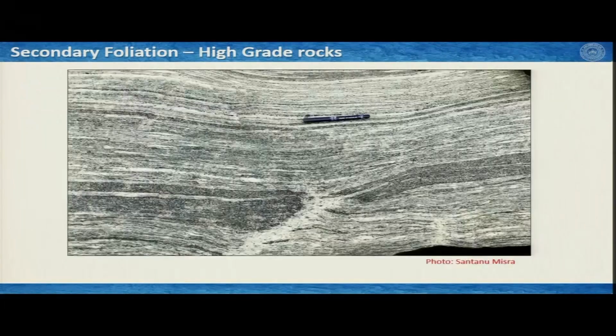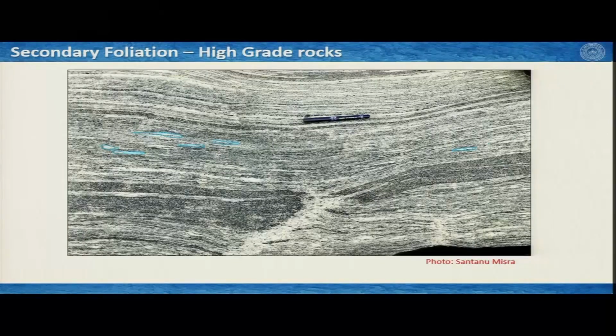You can also see in the next slide where you can figure out that this actually is a fantastic secondary fabric, and here as well you see this kind of elongated clasts here. We learn later that these are parts of the pinch and swell structures or flattened clasts.